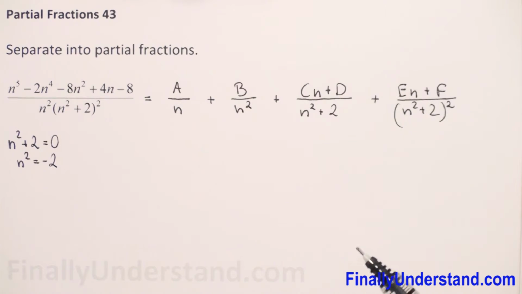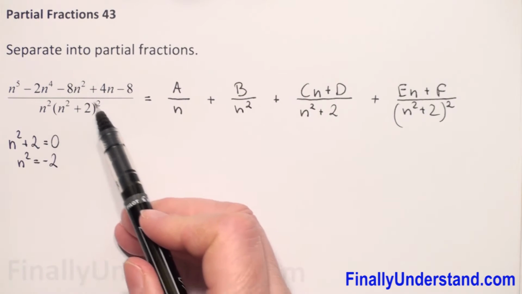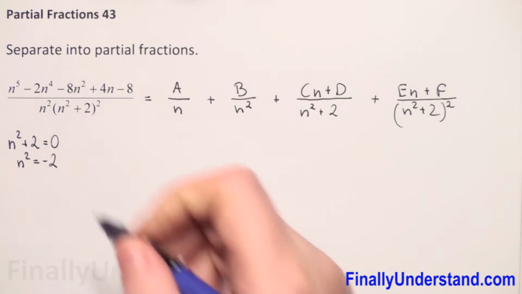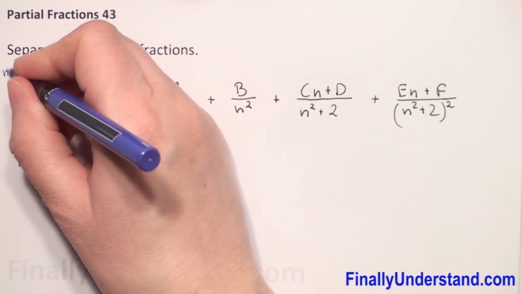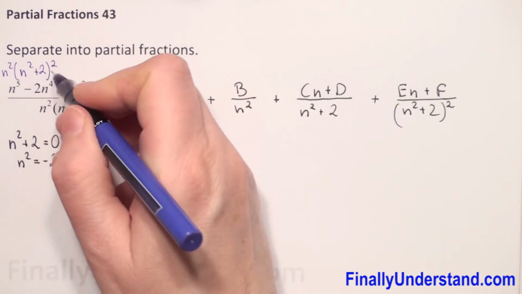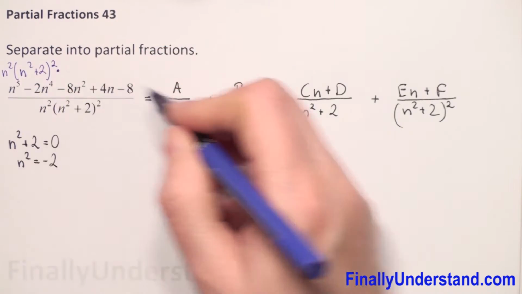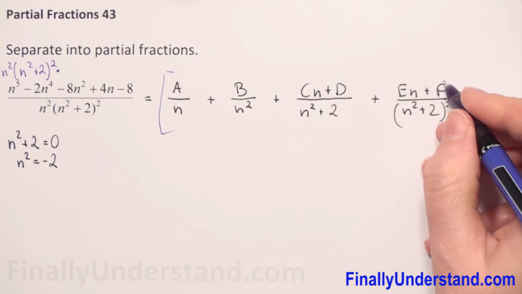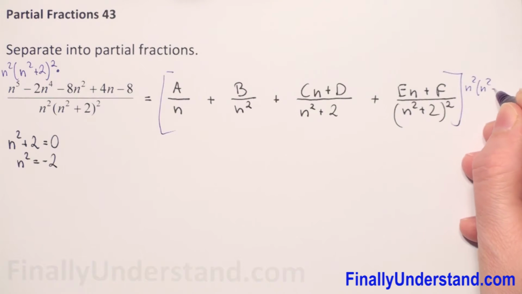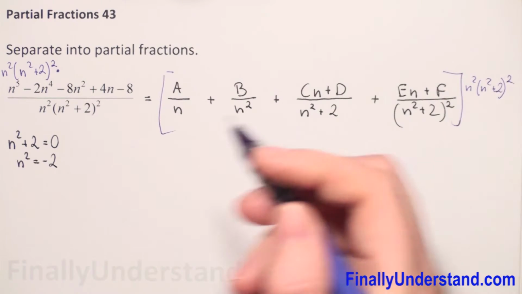First, to get rid of our denominators, we need to multiply both sides of our equation by the denominator of our original fraction, n squared times n squared plus 2 to the second power.